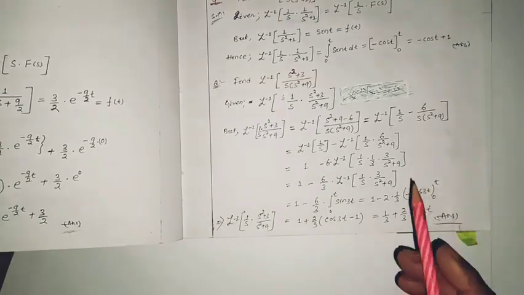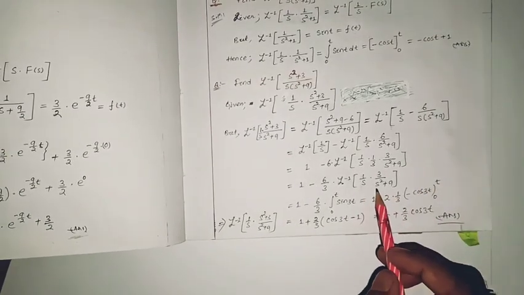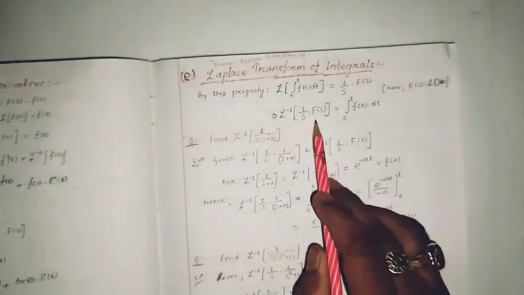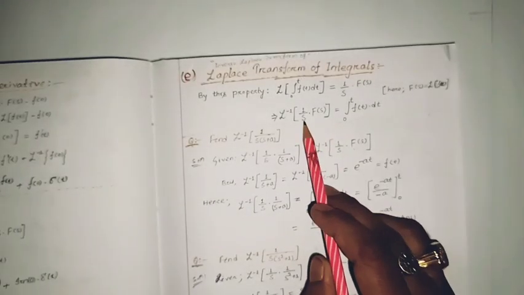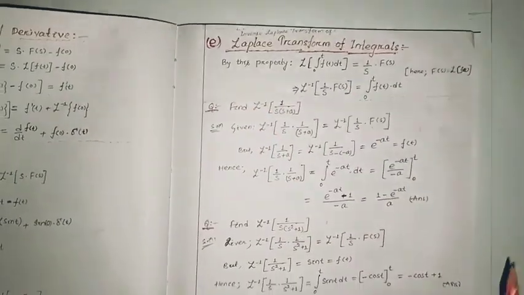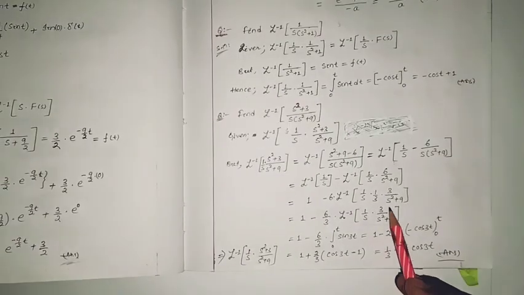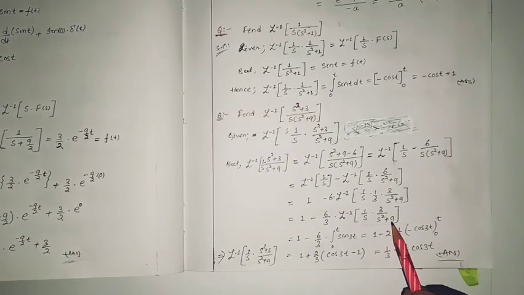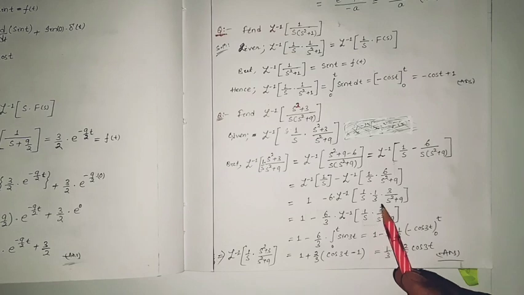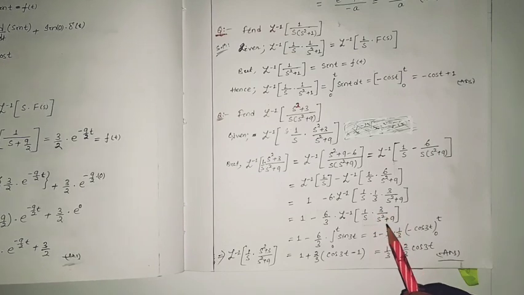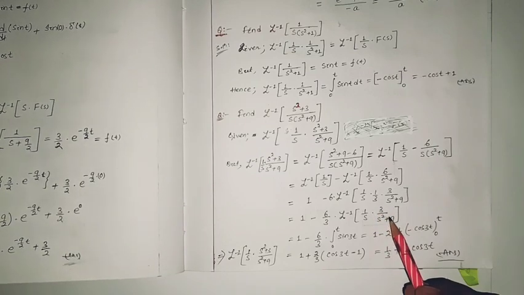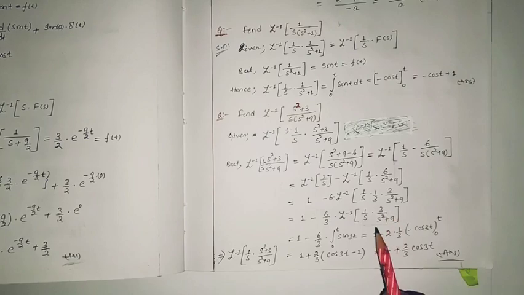So here if I compare this with this one, 1 by s is there, and here F of s is nothing but 3 by (s square plus 9). So the inverse Laplace transform of this one is nothing but sin at. Here a is 3, so sin 3t.